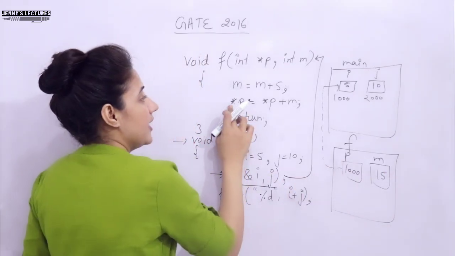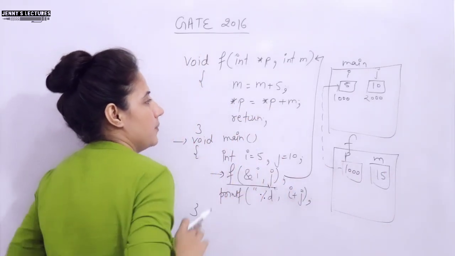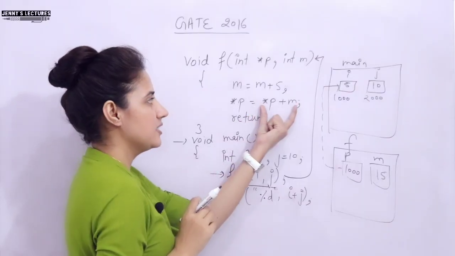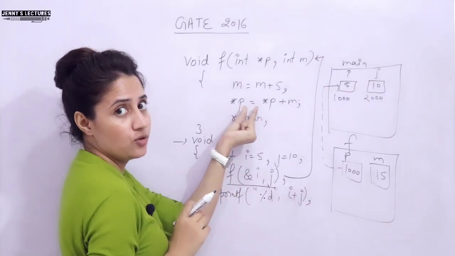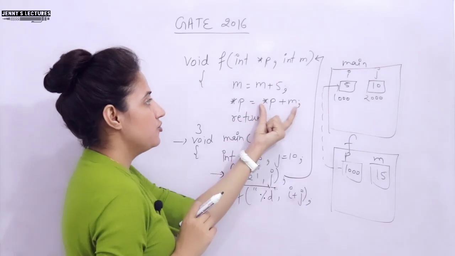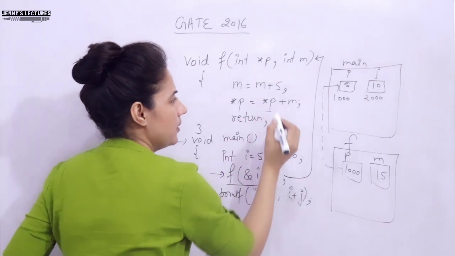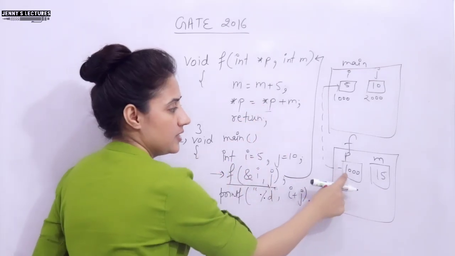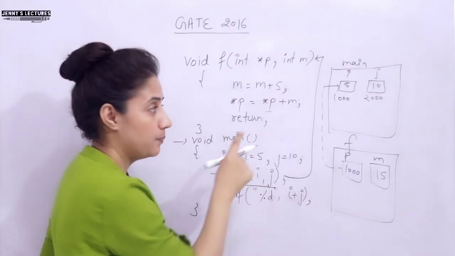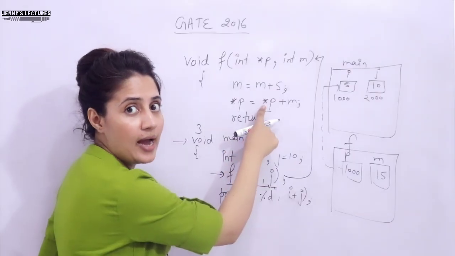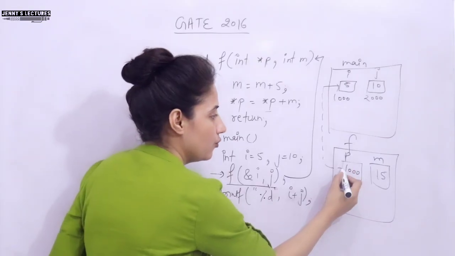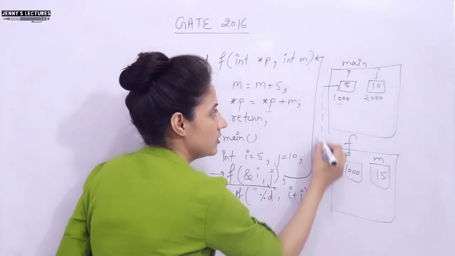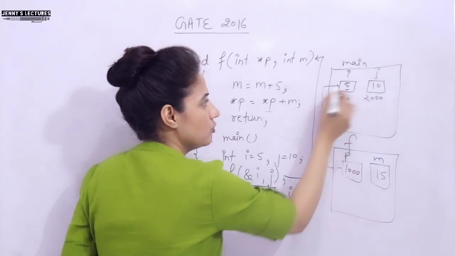Right? Asterisk p is equal to asterisk p plus m. Now see, whatever is on the right hand side of this equal to, first of all that would be evaluated and that value would be assigned to the left hand side. So, asterisk p plus m. Asterisk p is the indirection operator, meaning the value at 1000. Because p is pointing here, the value at 1000 is 5.